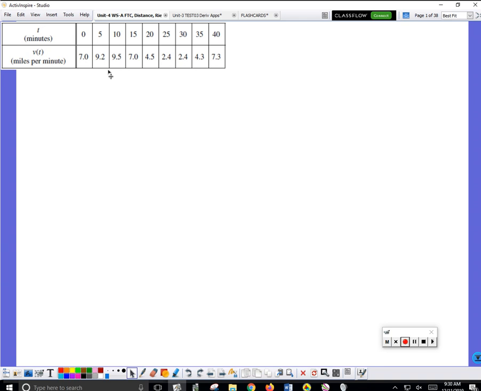A little later in the packet, it also says this: S of 40 is 234 miles. Just because saying it does help you remember it, somebody raise your hand and tell me what this says.